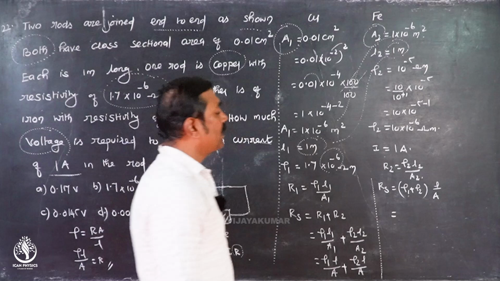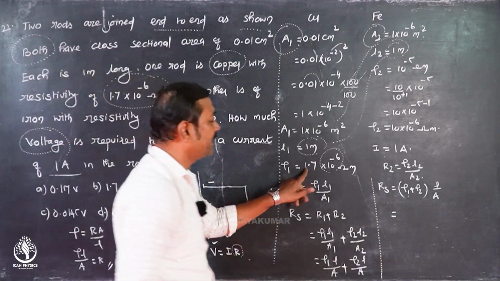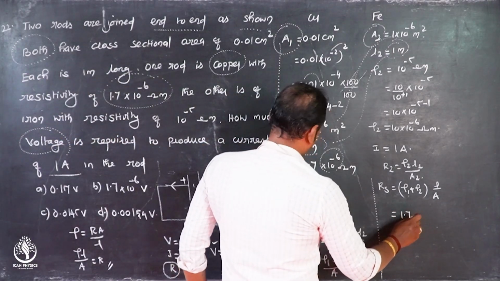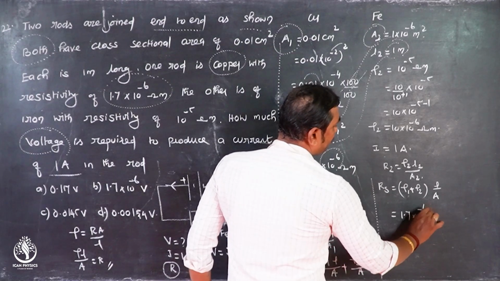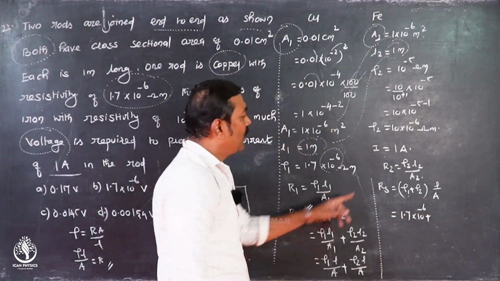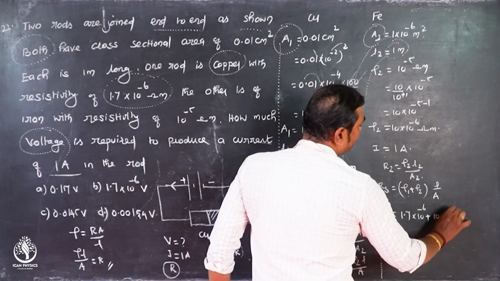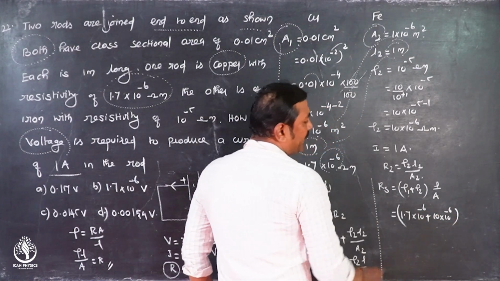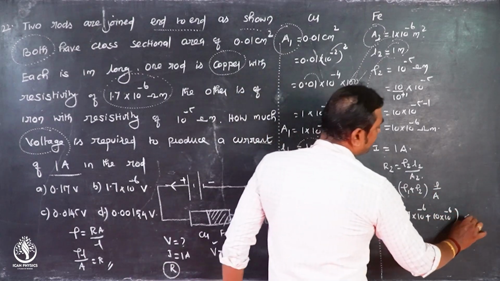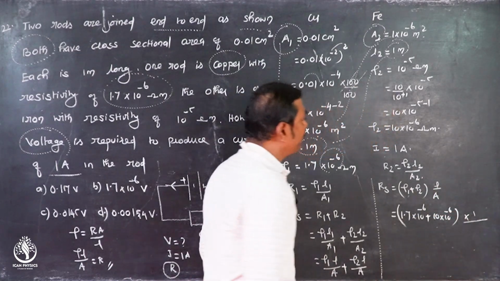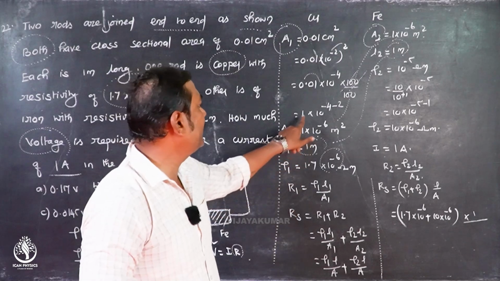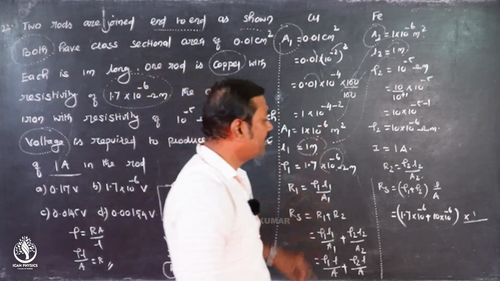Now we can calculate. What is the value of rho 1? 1.7 into 10 to the power minus 6 plus rho 2, that is 10 into 10 to the power minus 6, into L. The L value is 1 meter divided by area, and the area is 1 into 10 to the power minus 6.